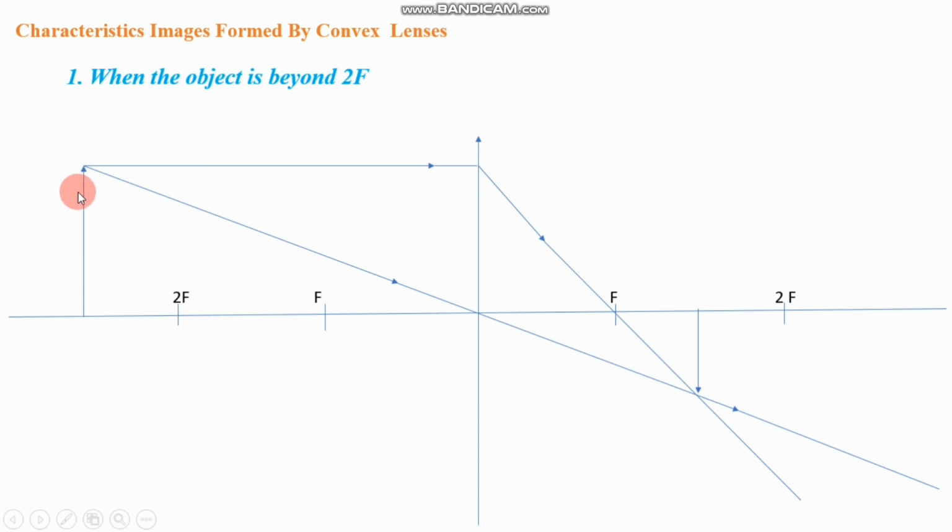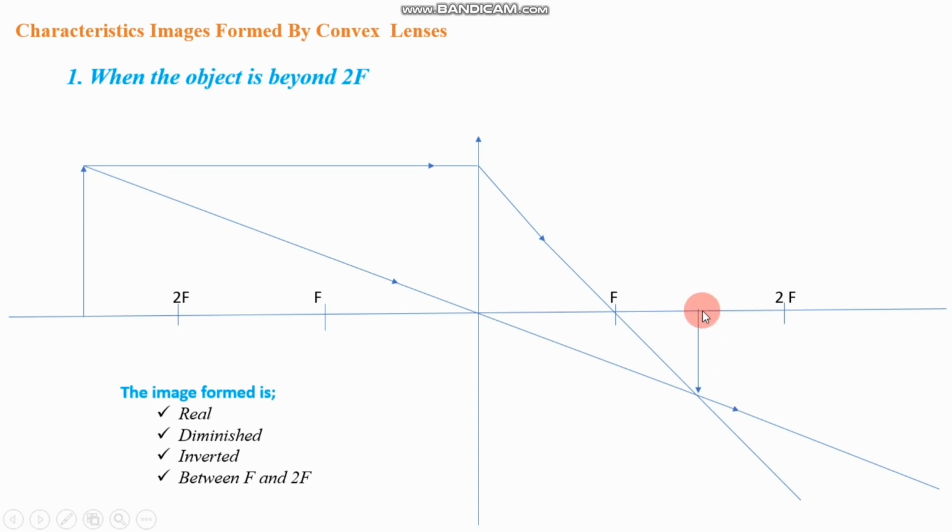As you can see, the object is larger than the image, and when the image is small, we say the image is diminished. In optics, we use the terms diminished and magnified. When the image is smaller than the object, we say the image is diminished.